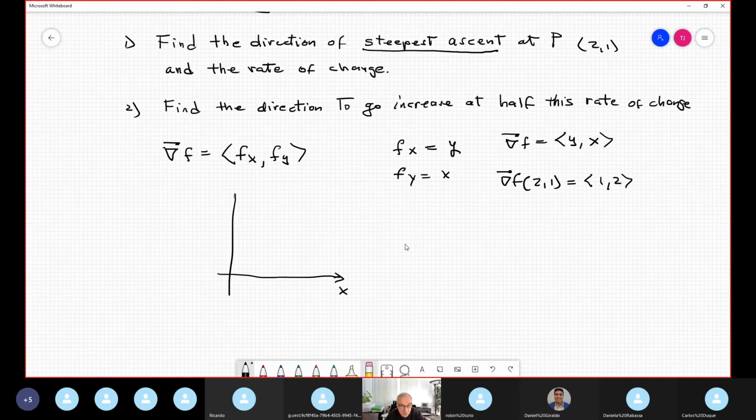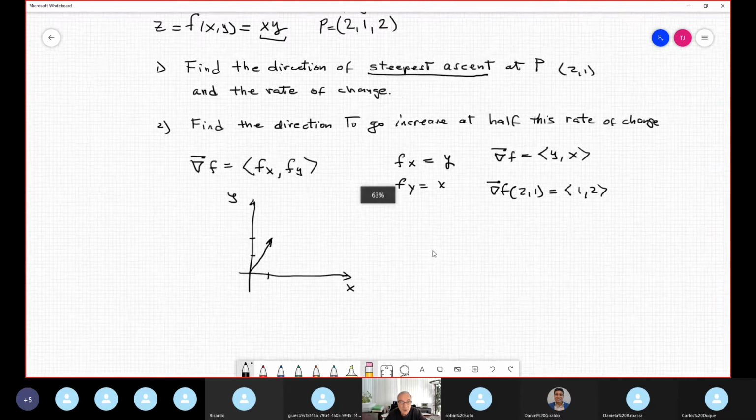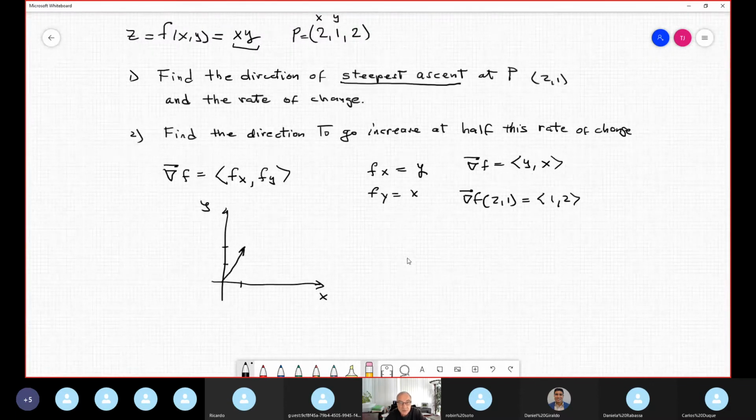This is x, this is y. Well, this is the point, the vector 1,2. The x component is 1 and the y component is 2. This is the vector like that. In this direction, I guarantee you that the original function xy, given at the beginning, is increasing with the maximum rate of change.